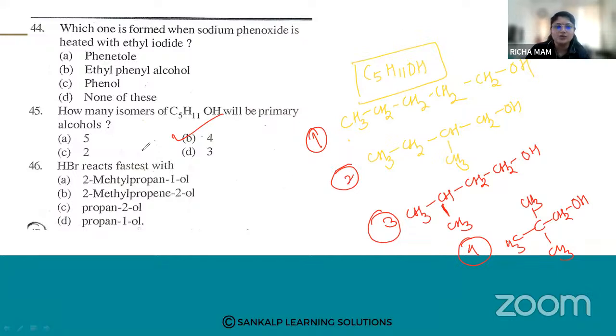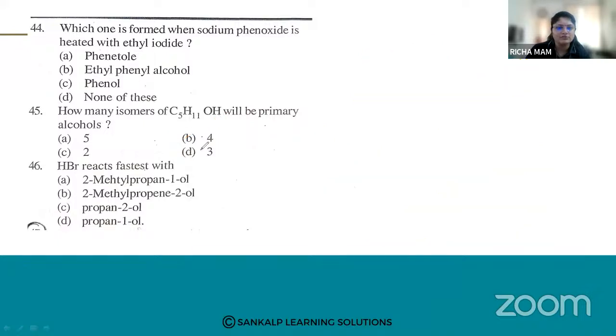Very good. So last question. HBr reacts fastest with which alcohol? Varun and Yashwant have answered as B. We know that the greater the stability of the carbocation, the more reactive is the alcohol.